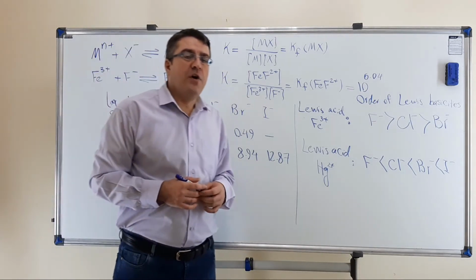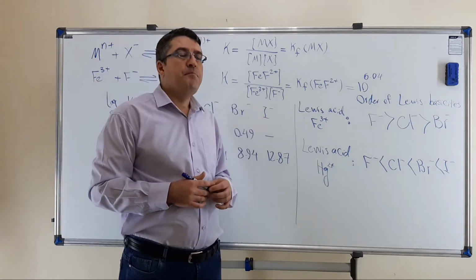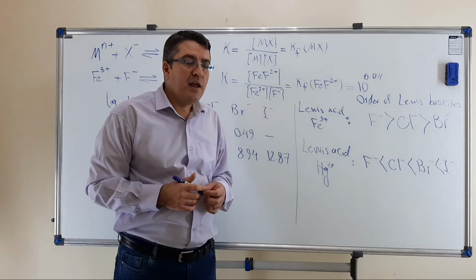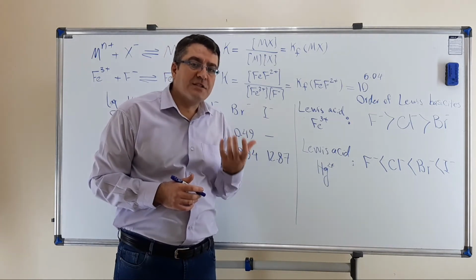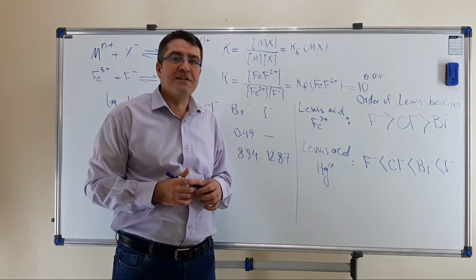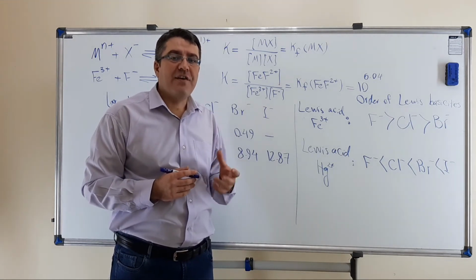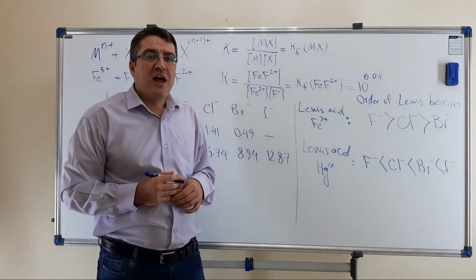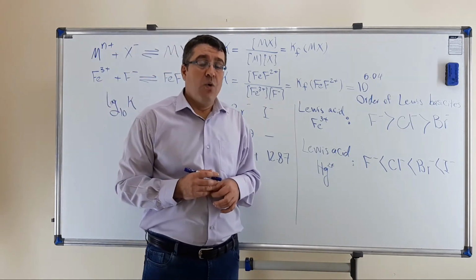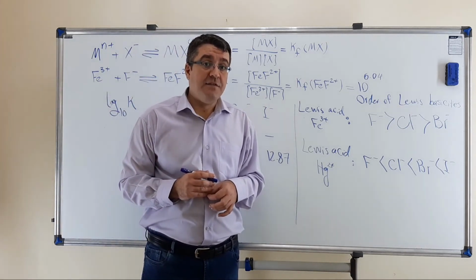This may be justified by considering the fact that in Brønsted-Lowry acid-base theory, the reference chemical species, the reference acid, is H+. The reference acid is invariant, and because of that, we can have a universal order of acidity or basicity at a given situation.